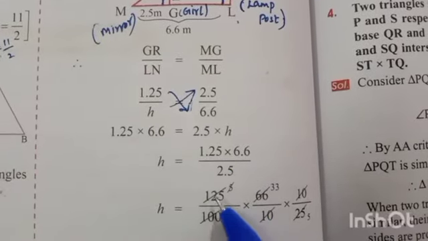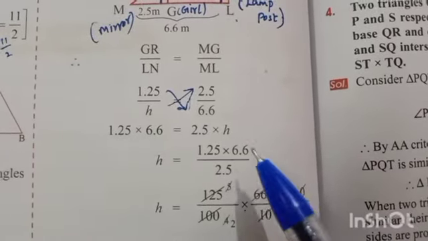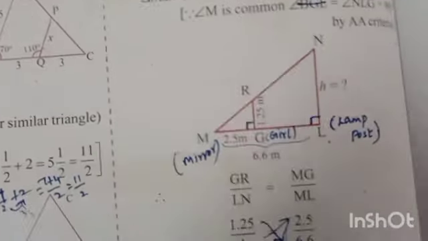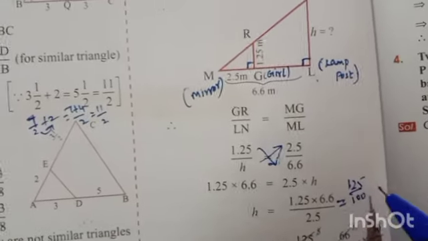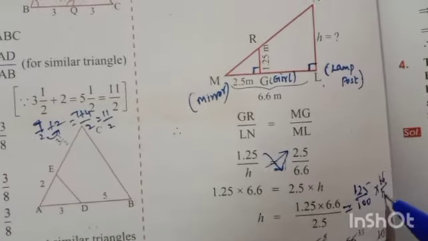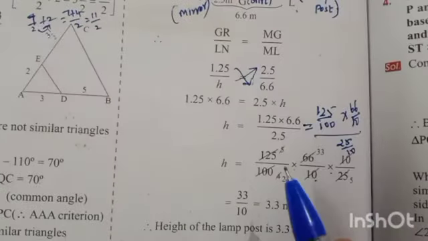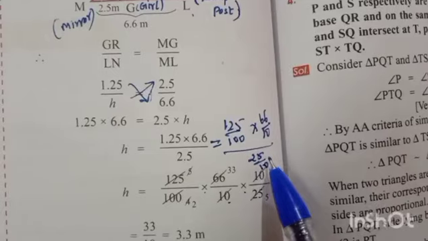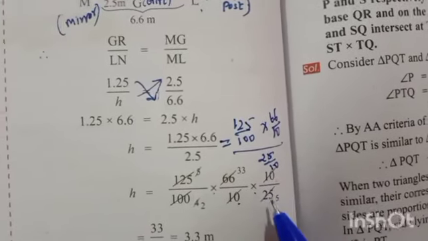Otherwise, this is written as 125 by 100 into 66 by 10 whole divided by 25 by 10. The division becomes multiplication by the reciprocal, into 10 by 25.